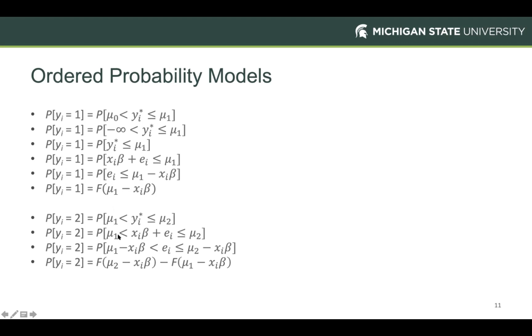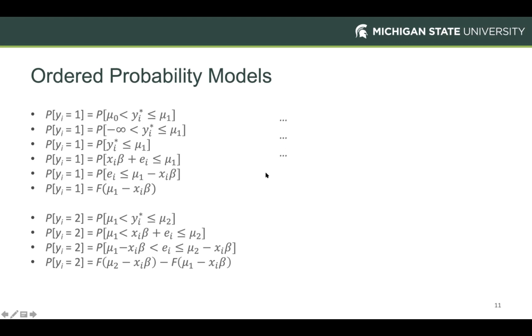So we're estimating the threshold that separates category 1 from category 2, and also the second threshold that separates category 2 from category 3, okay? And so then at the end of the day, we're evaluating the differences between these 2 cumulative distribution functions. So the threshold minus the corresponding linear in parameters regression equation, okay?